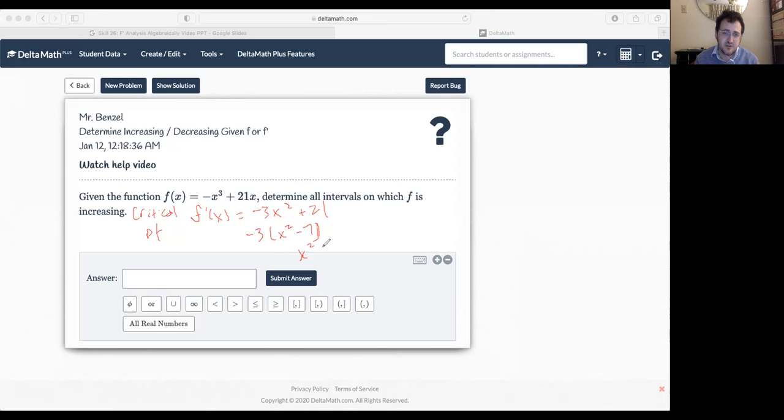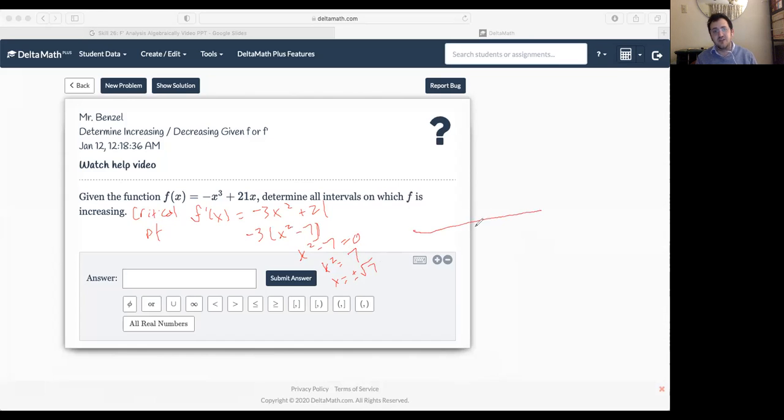So I have x squared minus 7 equals 0. So move that 7 over to the other side. So I get x is equal to plus or minus the square root of 7.